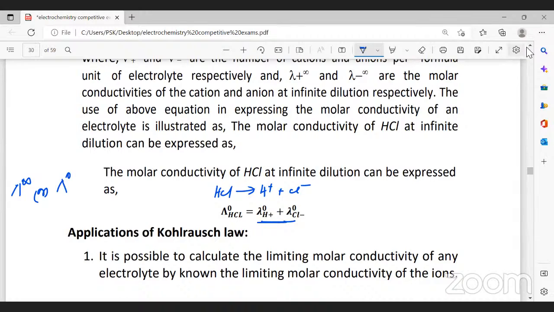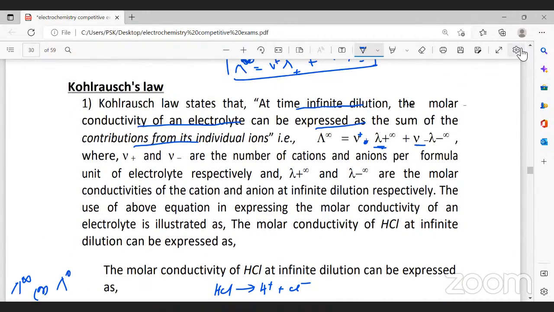So this is Kohlrausch's law. What is the statement of Kohlrausch's law? At infinite dilution, the molar conductivity of an electrolyte can be expressed as the sum of the contributions from its individual ions. Now, one more example we will take.